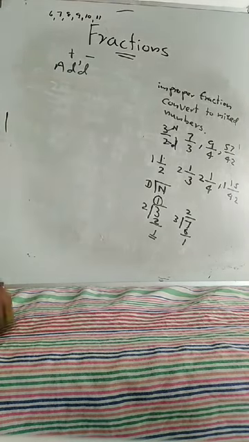Understand? Right. Then 2 upon 7 minus 1 upon 2. Unequal denominators, no relation is there. What is the common term? When multiply 7, 7, 14. When multiply 2, 2, 4, 6, 8, 10, 12, 14. 14 is common, no?